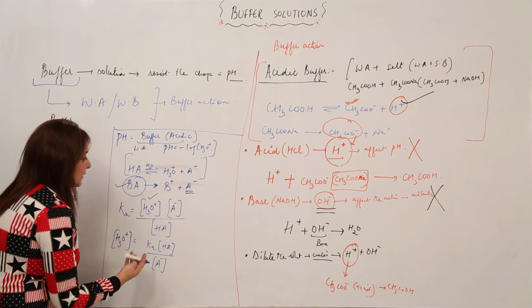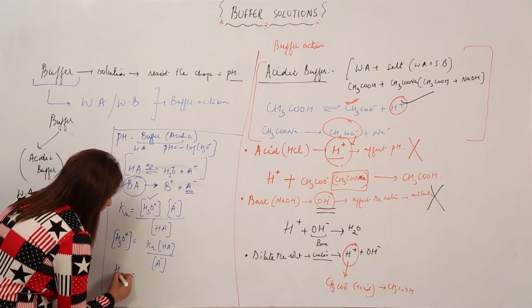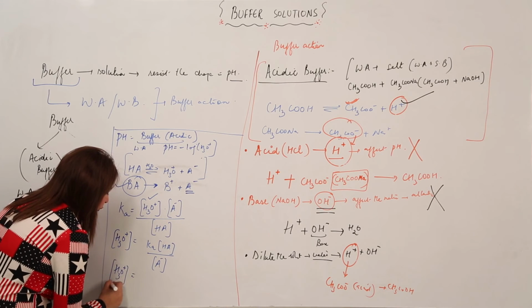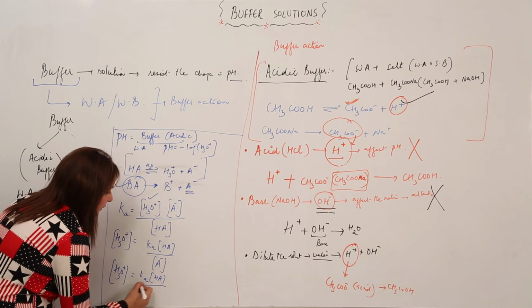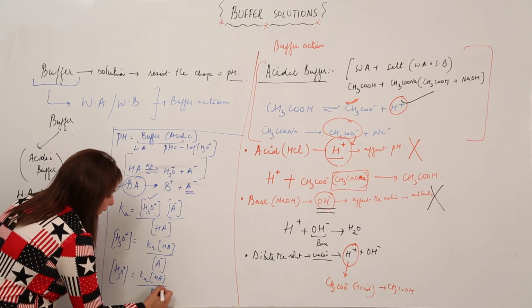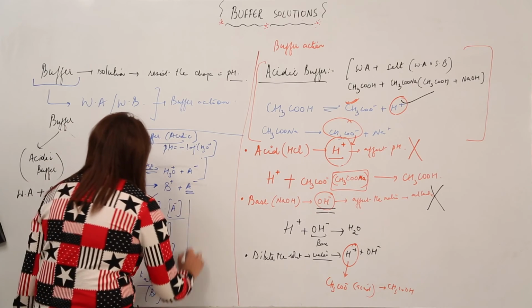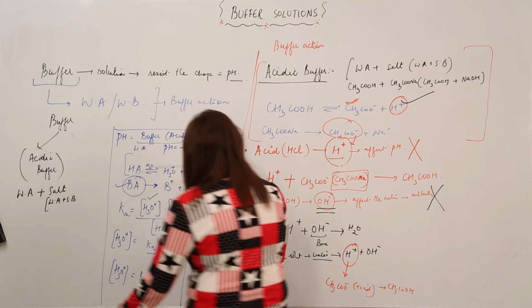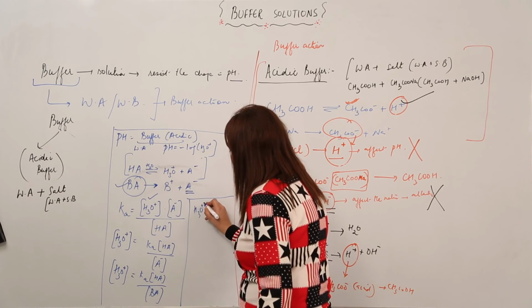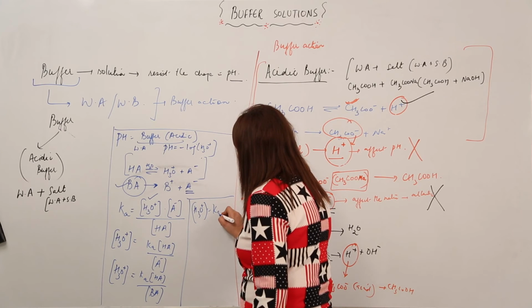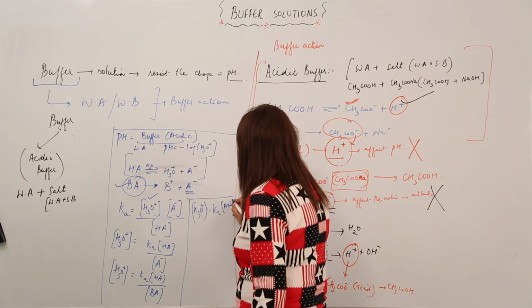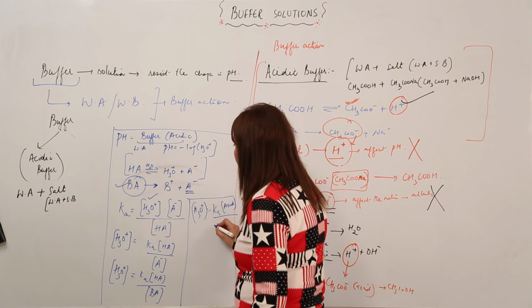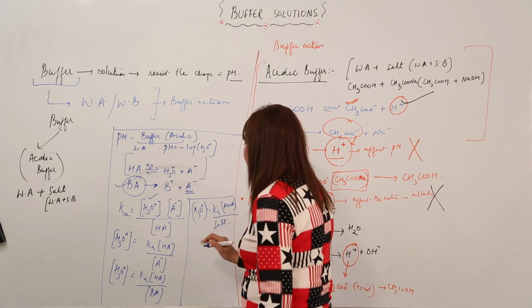So we can just replace it by Ba. So that is what I am doing. Concentration of hydronium ion is equal to Ka times HA divided by Ba. Now the question comes, what are HA and Ba? You know that. HA is the acid, right, and Ba is the salt. So we have this.